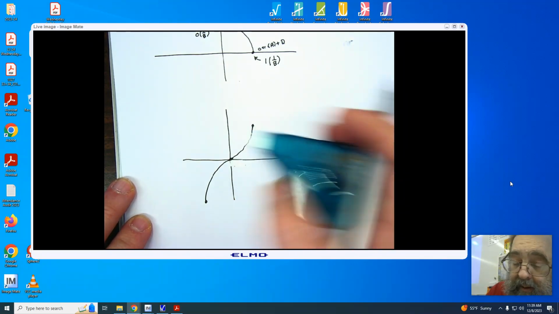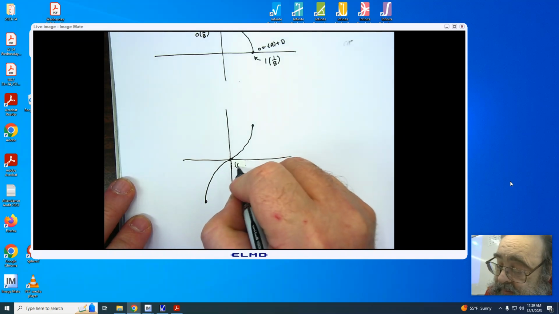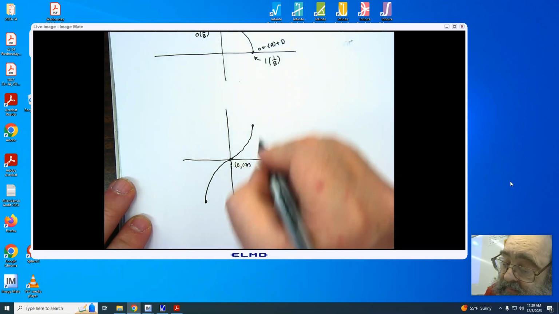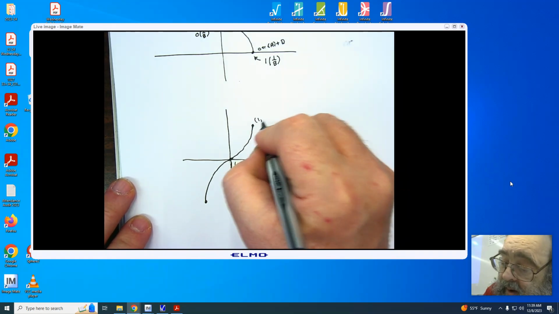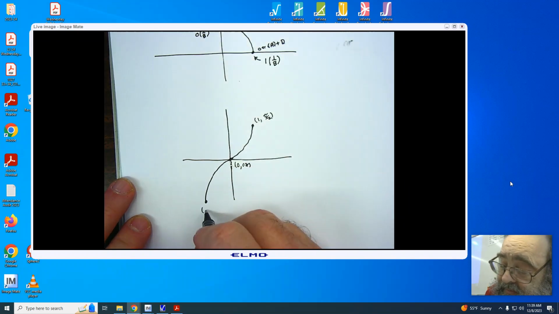And I would like to make sure I'm being accurate. So 0, comma, 0 pi. This right here is going to be at 1, comma, pi over 2. And this point is negative 1, comma, pi over 2. And it is now a negative.